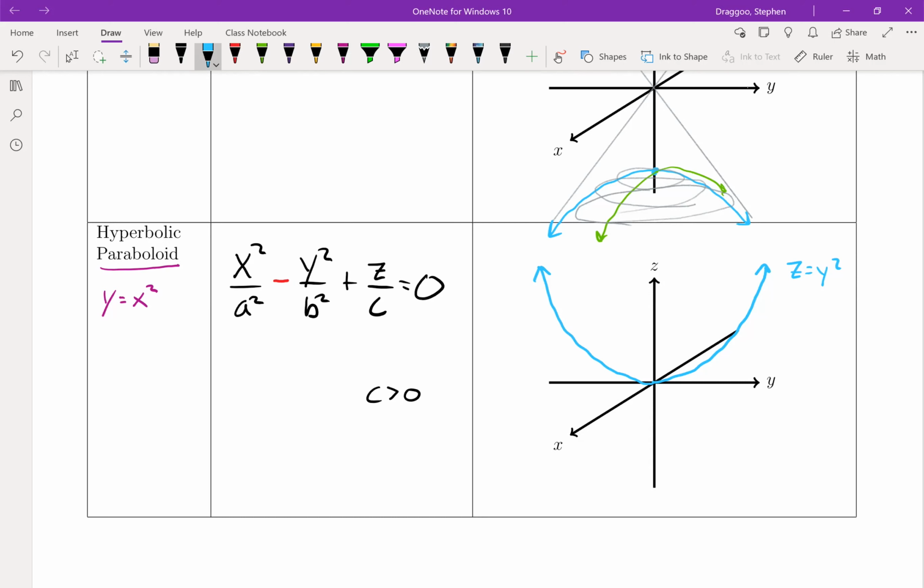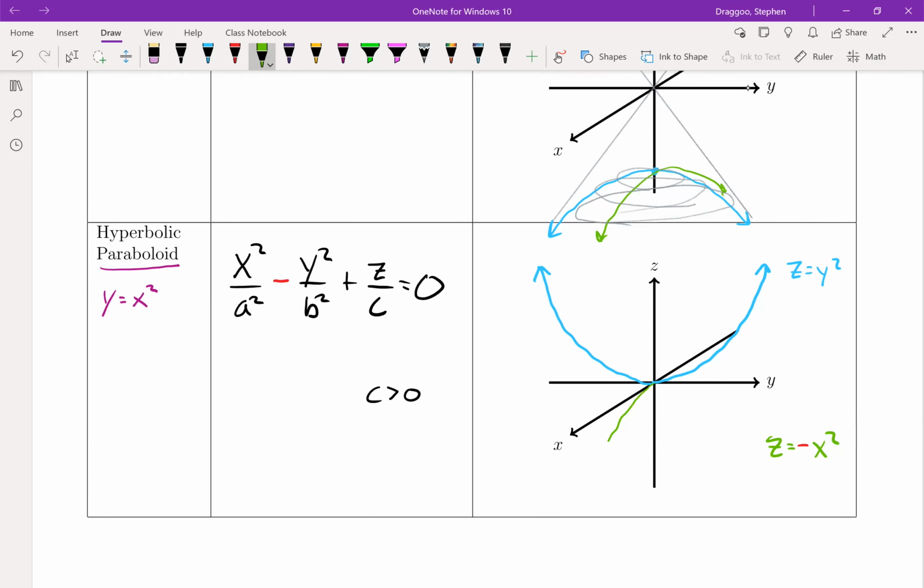But if I take a look at the xz plane, I end up with z equals negative x squared.